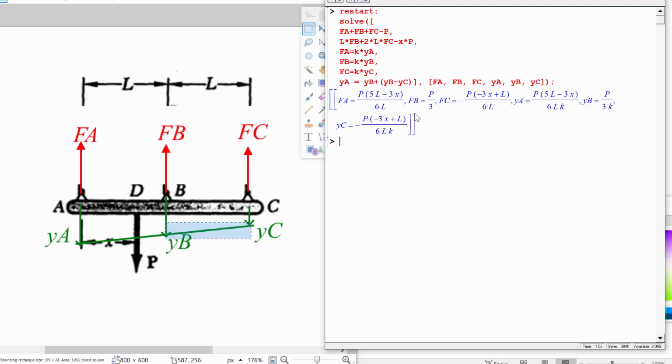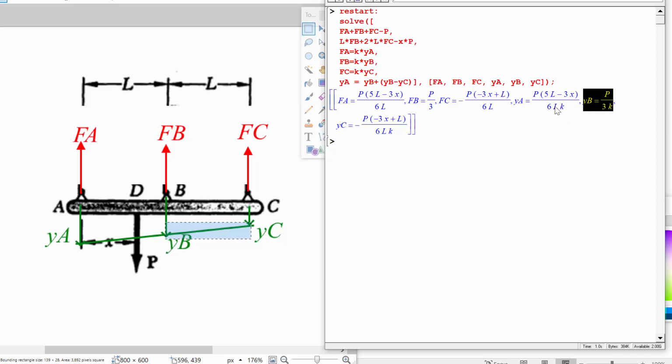Let's check. So compared to this one, P over 3K, YA is, if X is 0, then it will move by like 5/6 of P over K. How does that compare to P over 3K?